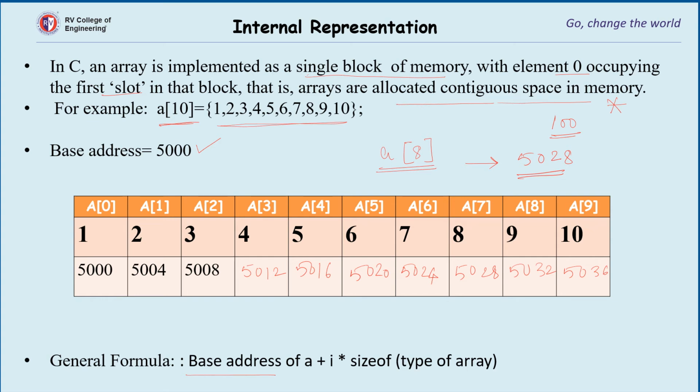It is the base address of A plus the subscript value into the size of the type of the array. The type of the array is int whose size is 4, which comes out to be, sorry, here I just wrote it, this should be 32 because we are looking for this. So this is 5032, right?